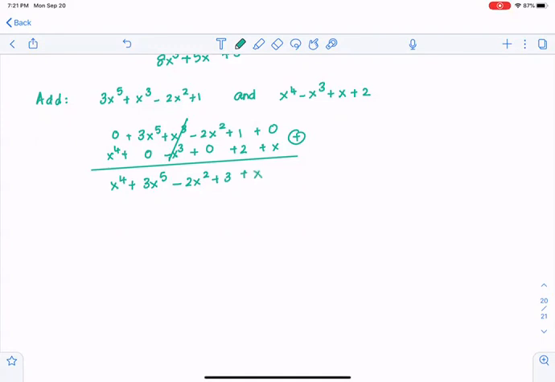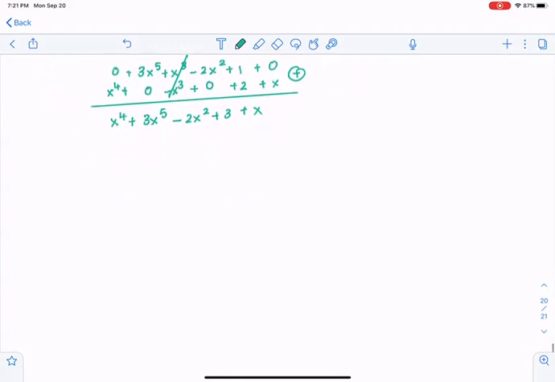It's all jumbled right now, but if you see the answer that came in chat, we always write it in decreasing powers of x. So 3x raised 5 plus x raised 4 minus 2x squared plus x plus 3. And that would be the final answer.